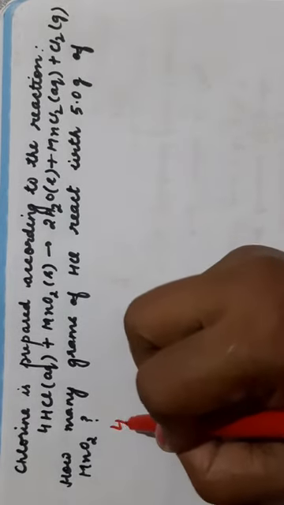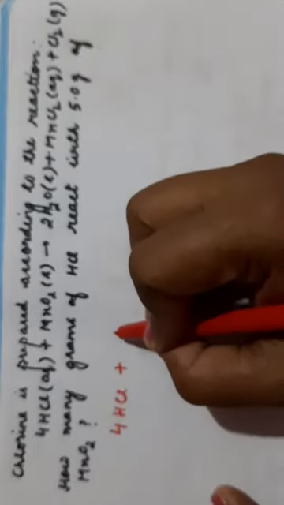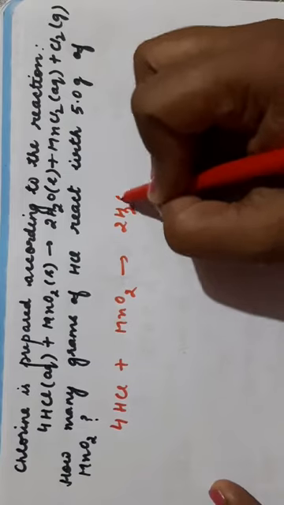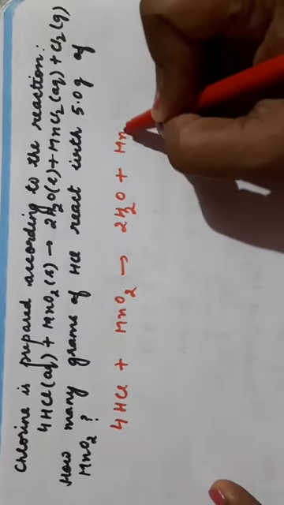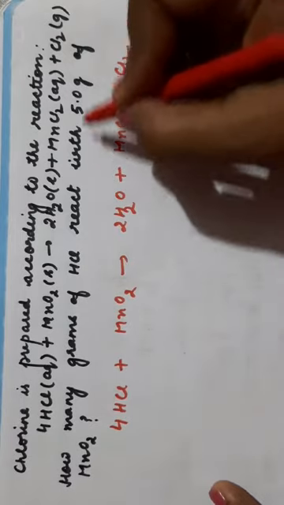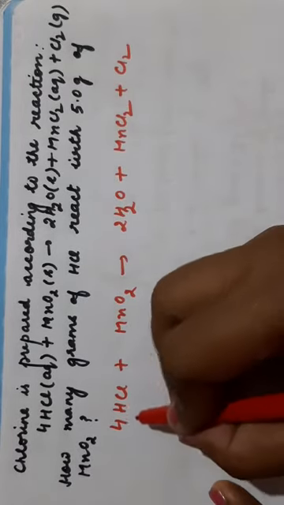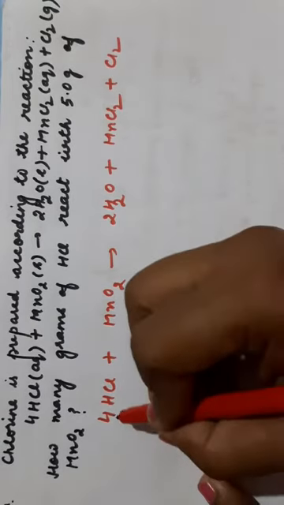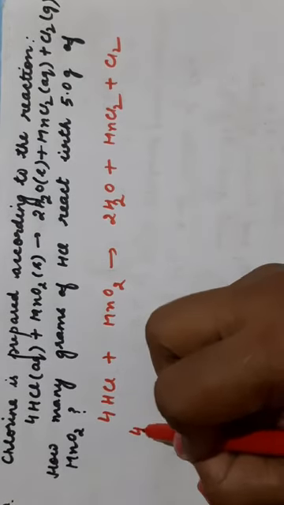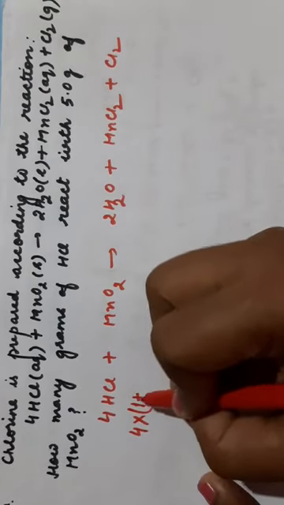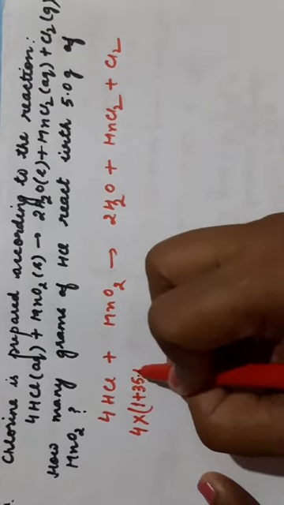First you will write the equation 4HCl plus MnO2 gives 2H2O plus MnCl2 plus Cl2. Grams of HCl and grams of MnO2. So we have to write the relation between mass. First we will write the relation according to the balanced equation. 4 into what is the mass of hydrogen? 1 plus chlorine 35.5.